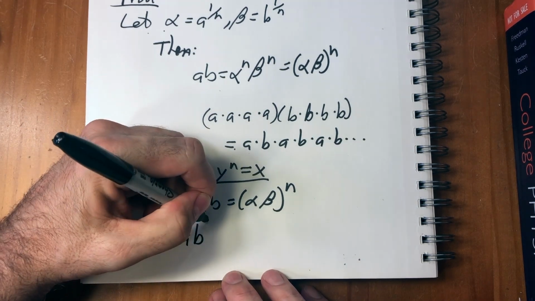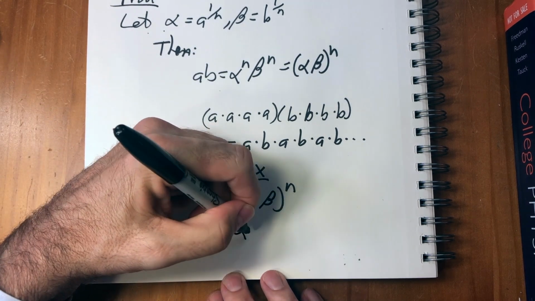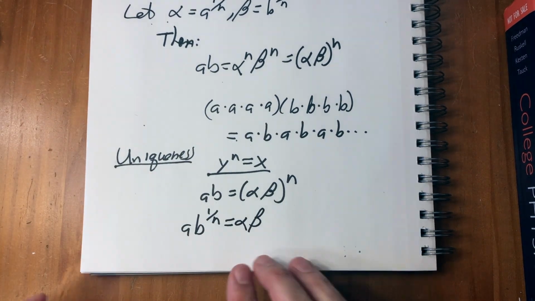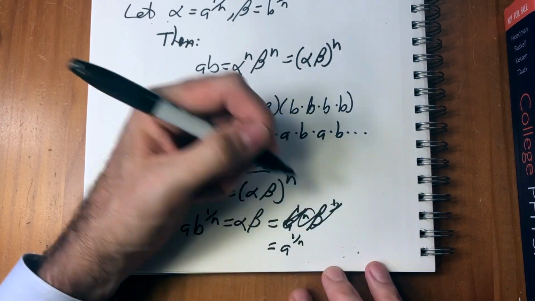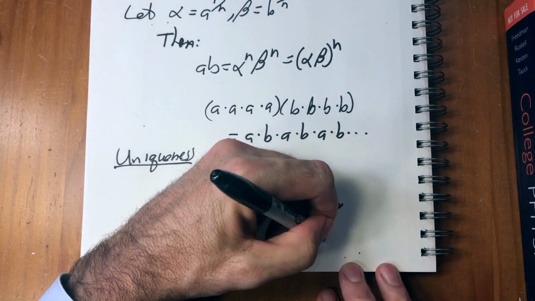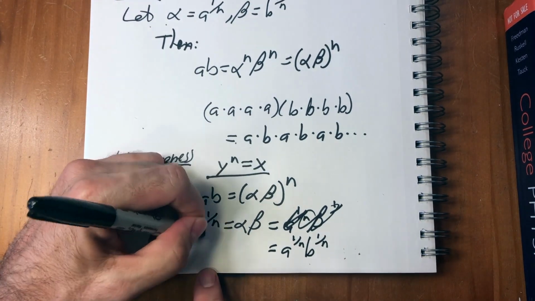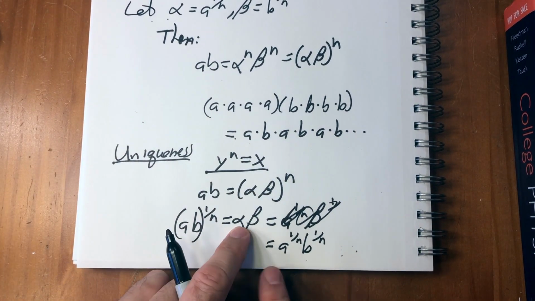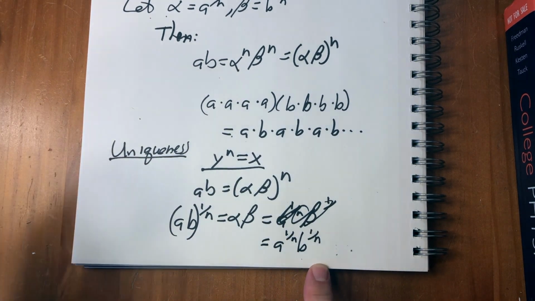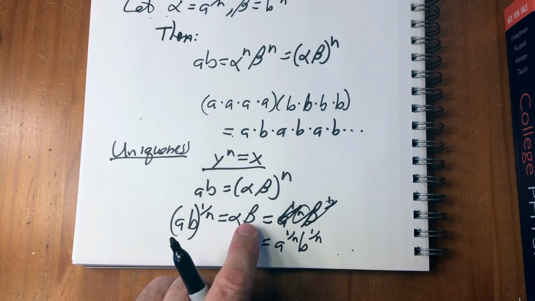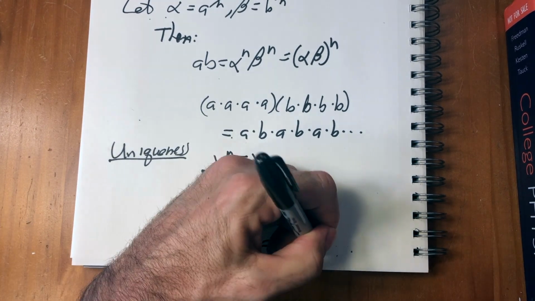So we can say that the nth root of AB equals alpha beta. And we know that alpha is A to the 1 over n, and beta is B to the 1 over n. So that's the result. The nth root of AB, which is alpha beta, equals A to the 1 over n times B to the 1 over n. It requires the uniqueness of the last theorem because to show that this is the only one. So this is the one that we're talking about.